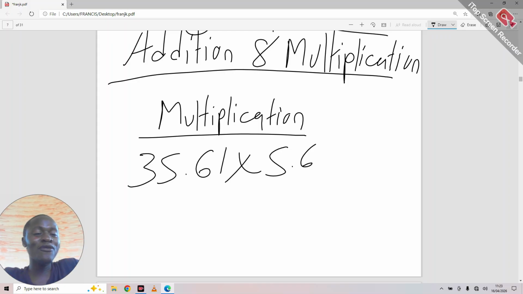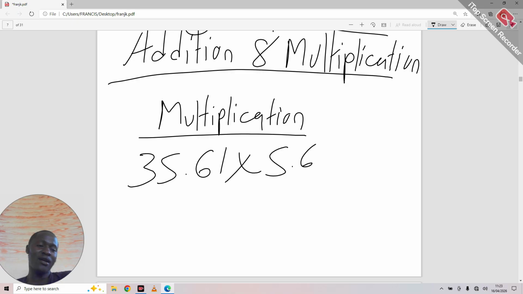As a student of mathematics, you must be very neat. You must organize your work in a very attractive manner, so that even if your answer is wrong, the way you've arranged your work is attractive.